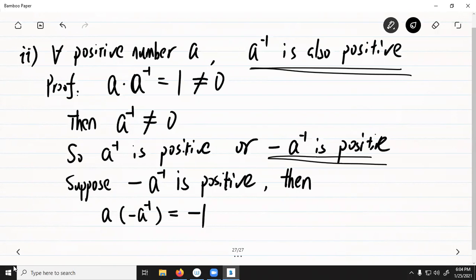Since A is positive, this is given, and negative A inverse is positive, this is the assumption, then positive times positive equals negative 1 should be positive.